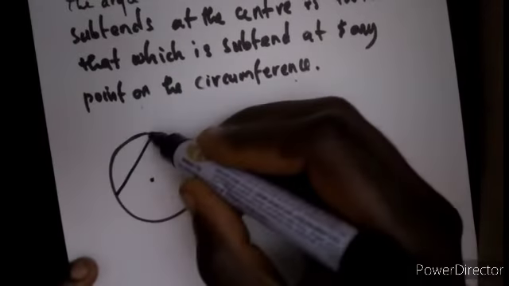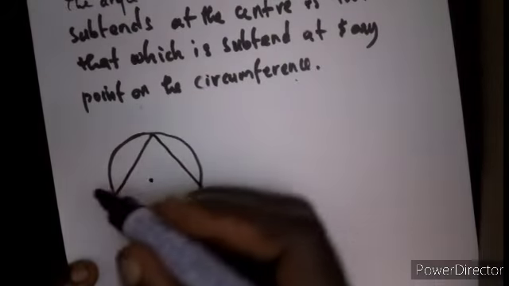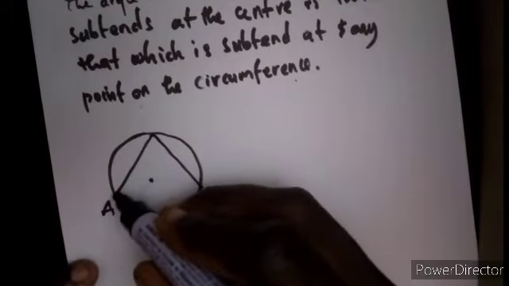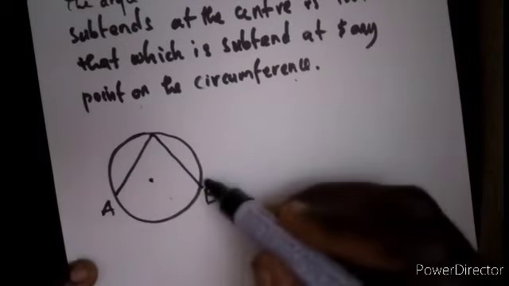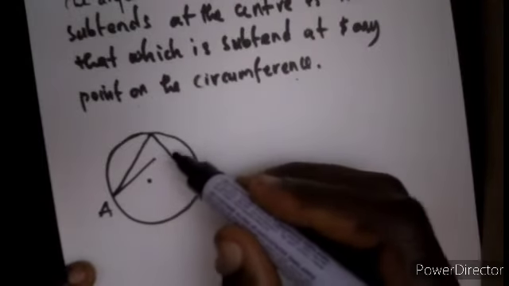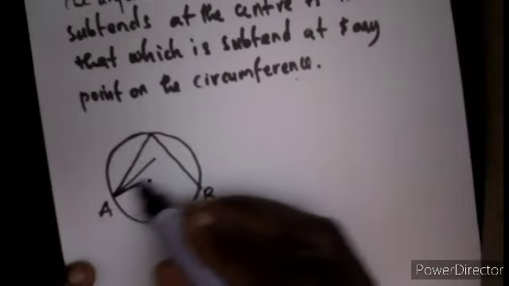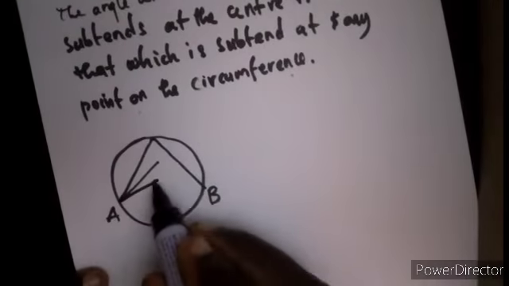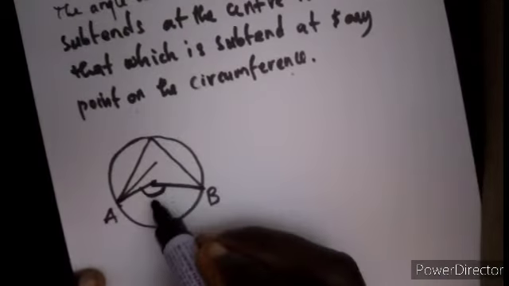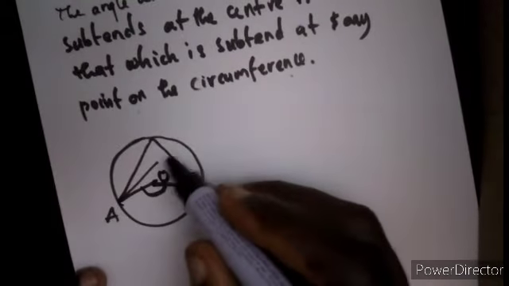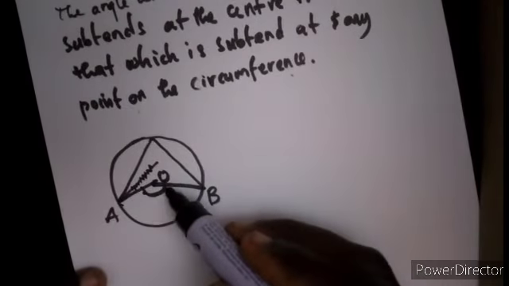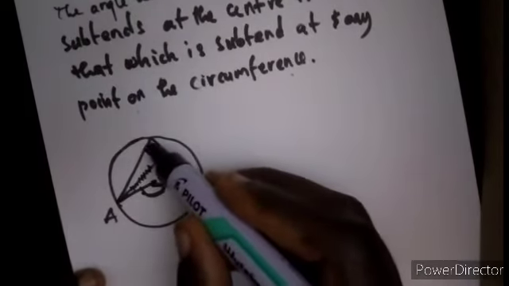If you consider this arc AB, the angle subtended by this arc AB at the origin, we are saying that it is 2 times the angle here.